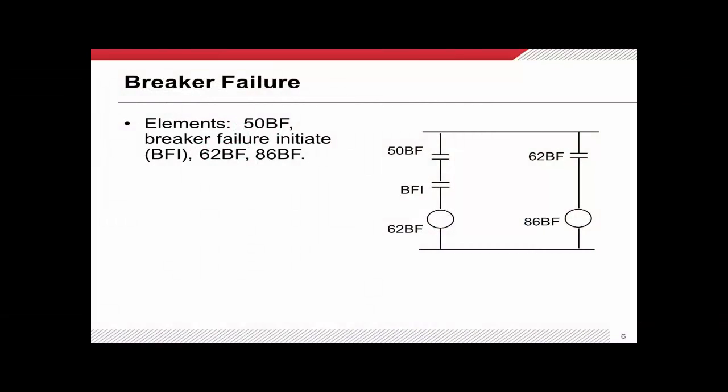Okay, now I want to shift gears and actually talk about breaker failure logic. What I have shown on the screen here is, in its fundamental state, breaker failure logic. And how this works, the 50 BF, 50 is an instantaneous overcurrent, so as soon as your current goes up to the threshold that you can say for sure that's fault current, you're going to pick up that contact.